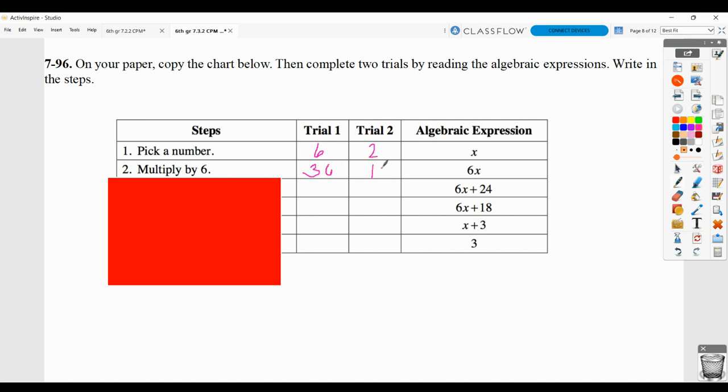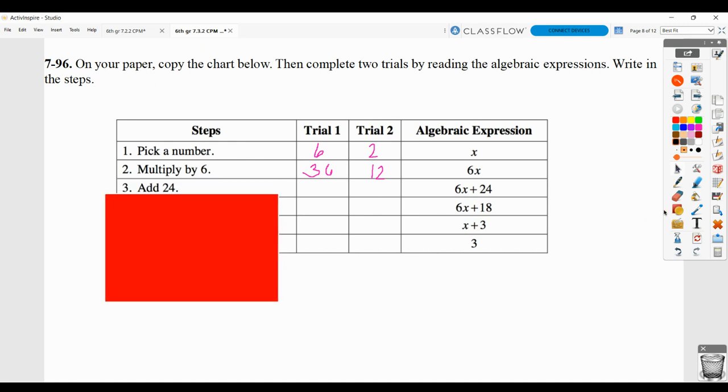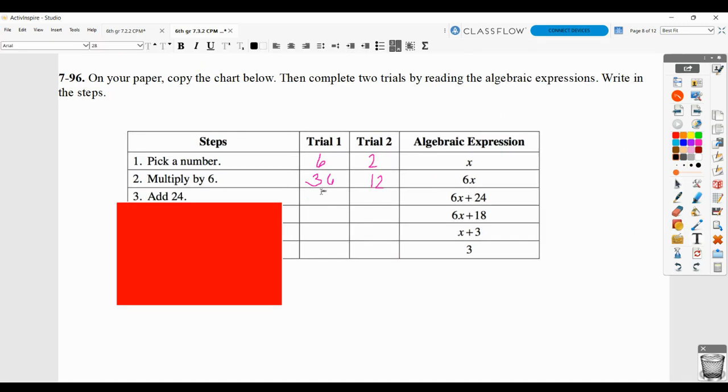I apologize, I'm having trouble writing with my mouse today. Then we can see that we've added 24, so our step would be add 24. I'll try to do that with a keyboard, see if it's a little neater. You'd get 60 here, and 12 plus 24 would give you 36.